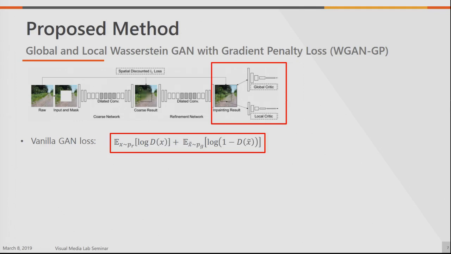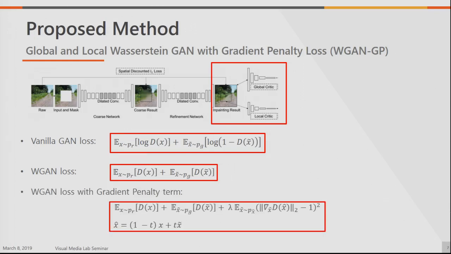But for the Wasserstein-GAN, they simplify this loss function, and they just calculate it like this, so you can see that the logs have disappeared. And in past works, this Wasserstein-GAN loss has proven to be better for networks that use image information as their data. But then finally, they also add this gradient penalty loss term, where they give another input to the discriminator, this X hat, which is basically an interpolation between the ground truth image and the predicted image.